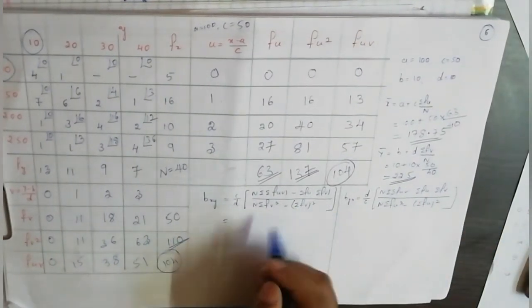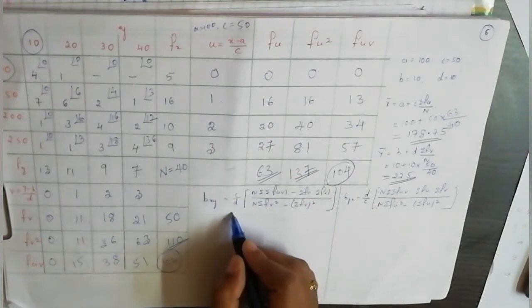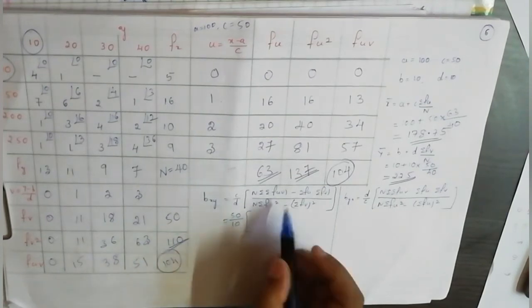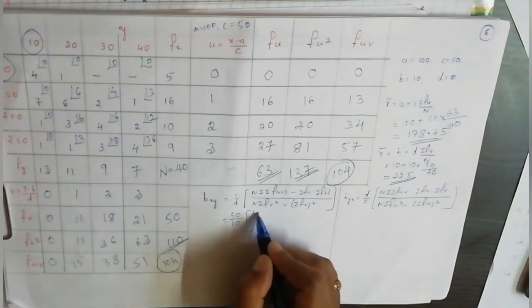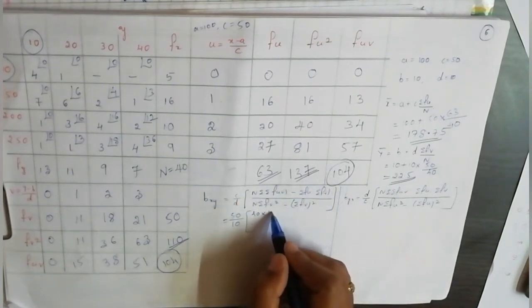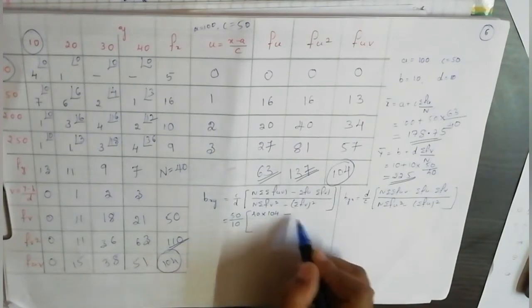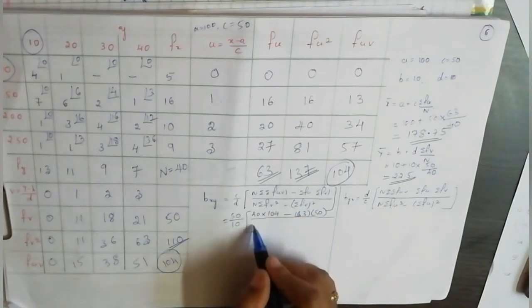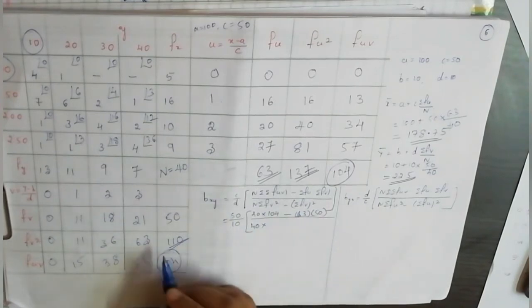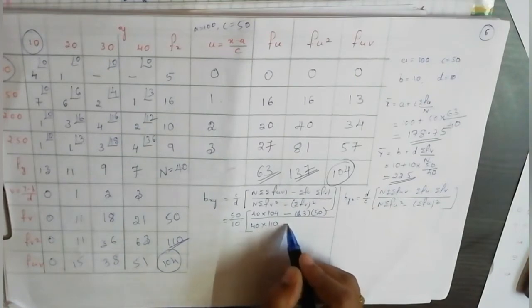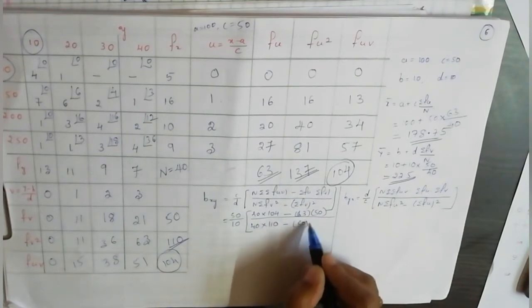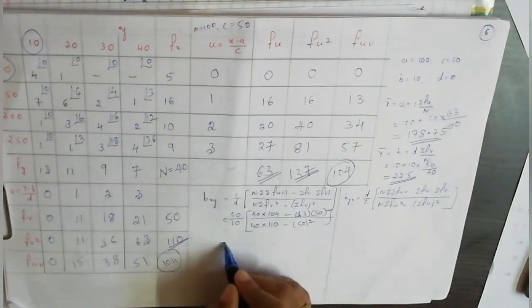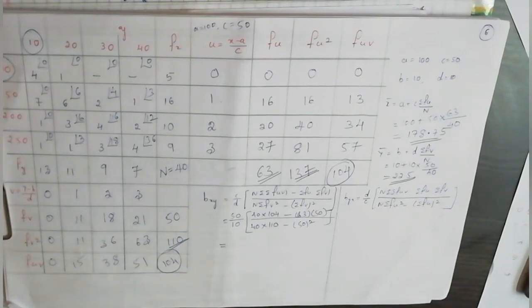So formula I have written, C is 50, D is 10. So now substitute all the values. N is 40, sum of fuv is 104 minus 63 into 50 divided by N is 40. Sum of fv square is 110 minus 50 square. So this is the substitution for bxy.